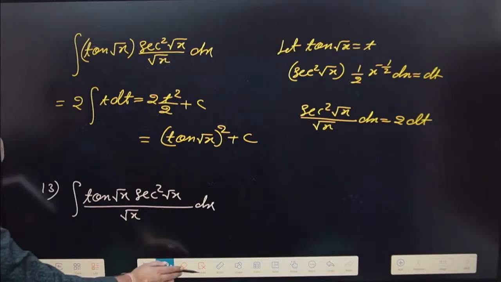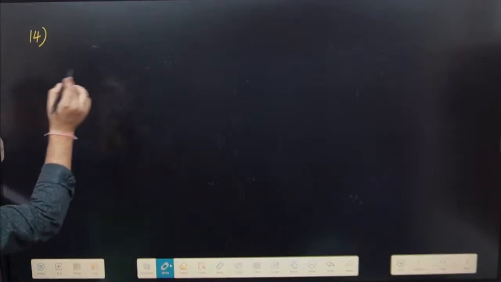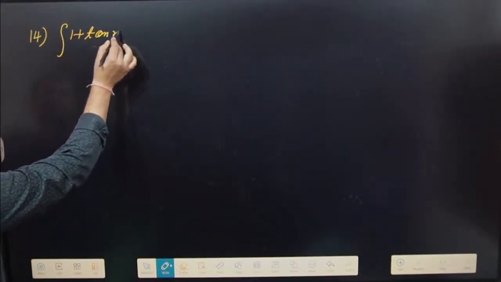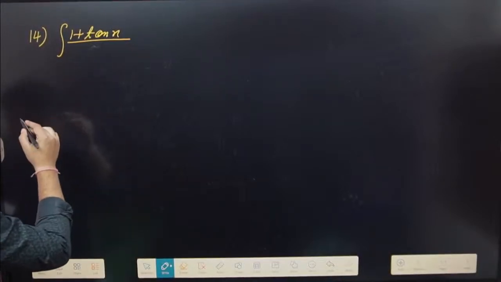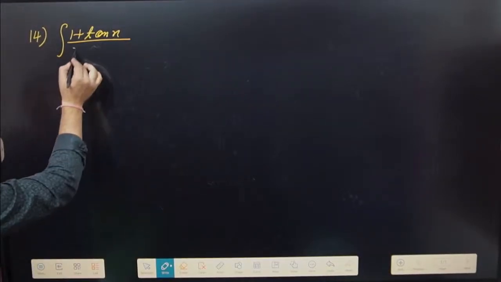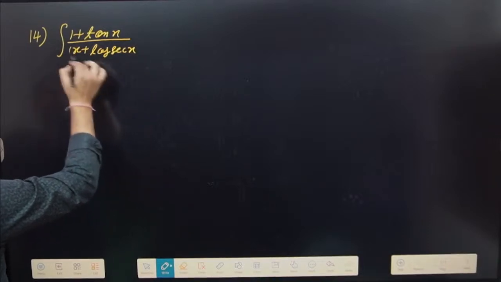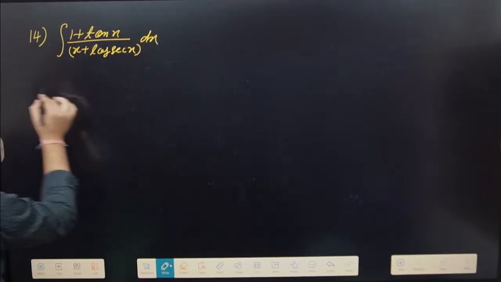Also clear? Now next problem, problem 14. Integration of (1 plus tan x) divided by (x plus log of sec x) dx.